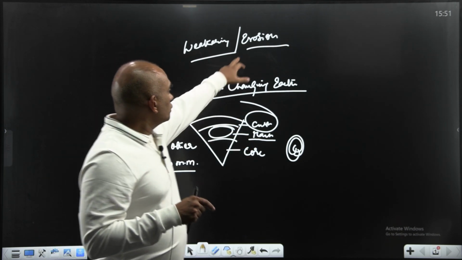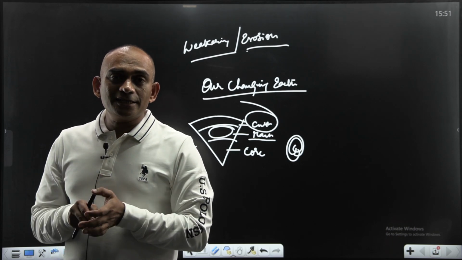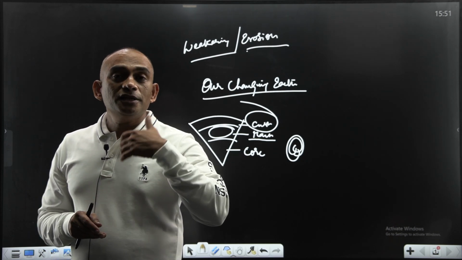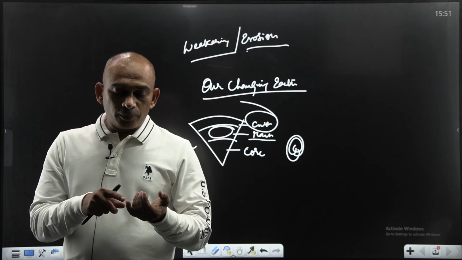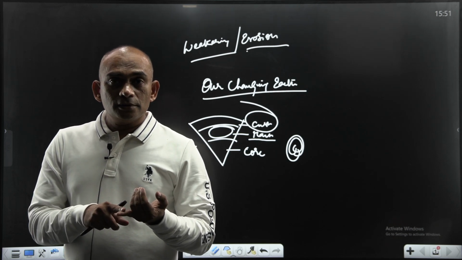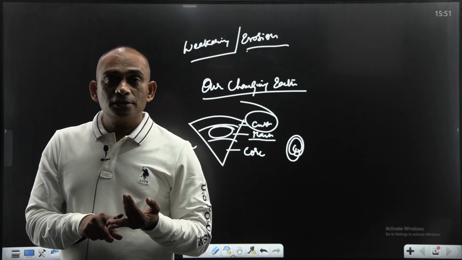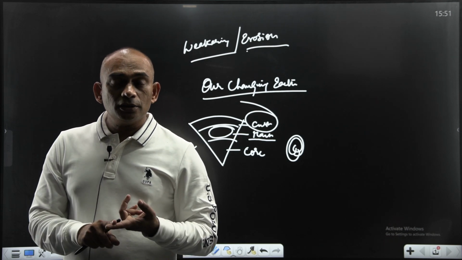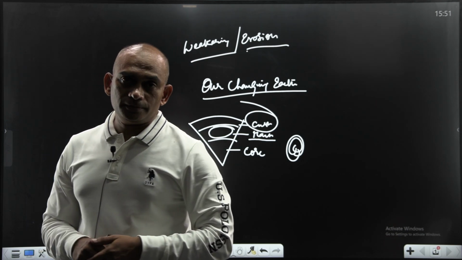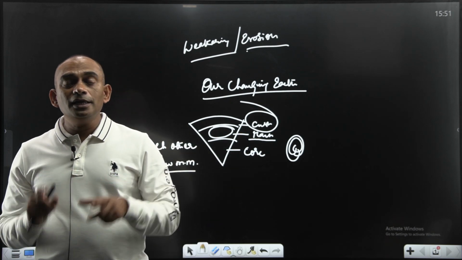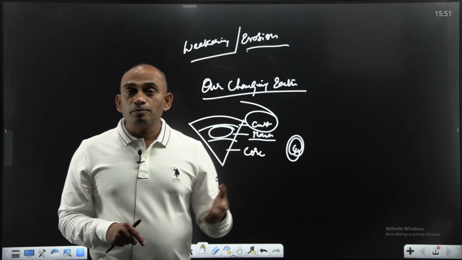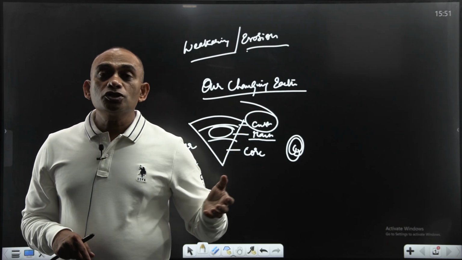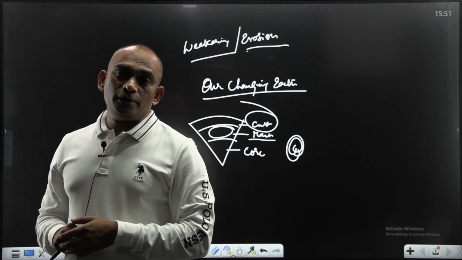If you look at erosion, it is the wearing of landscape by various agents. Example, sea waves, glaciers, and wind, water, that is especially running water. So these are agents which are responsible for erosion of landscape.